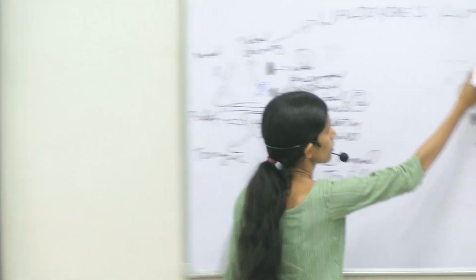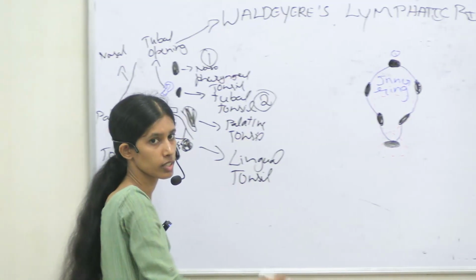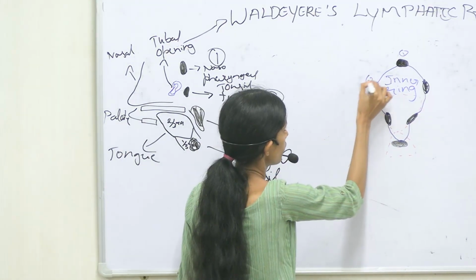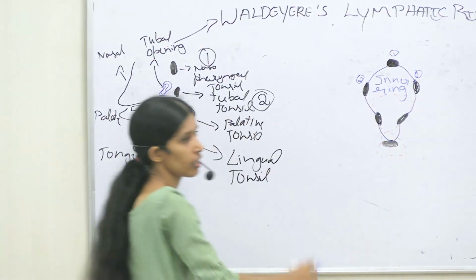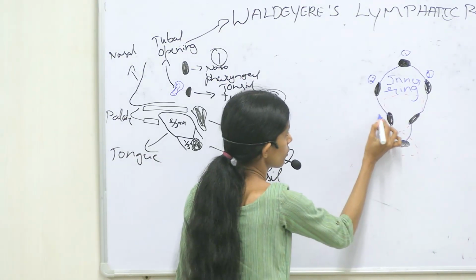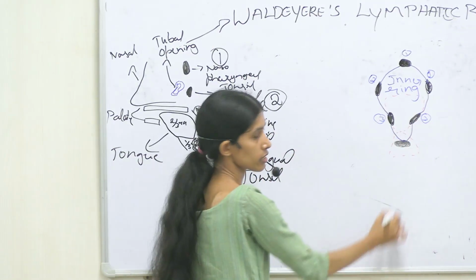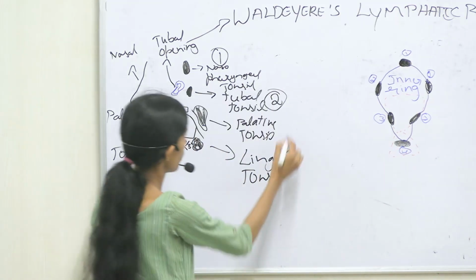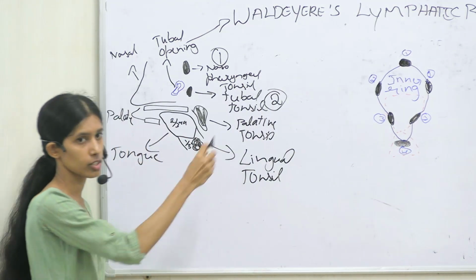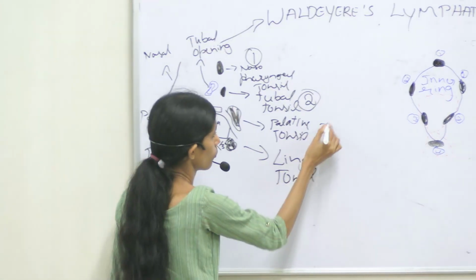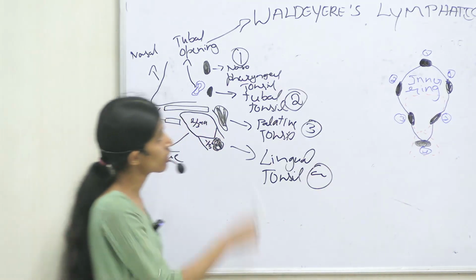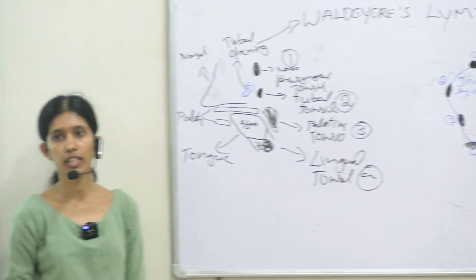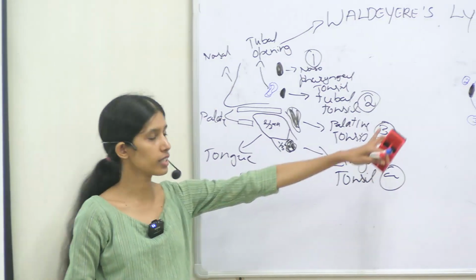So this is your nasopharyngeal tonsil. On both the sides we have tubal tonsils. Next to that on the palate region we will get the palatine tonsil, and the last one is the lingual tonsil. All these tonsils will together form the Waldeyer's lymphatic ring part. Okay. So this is the inner ring.